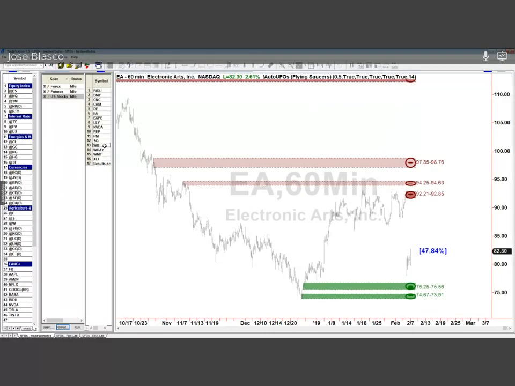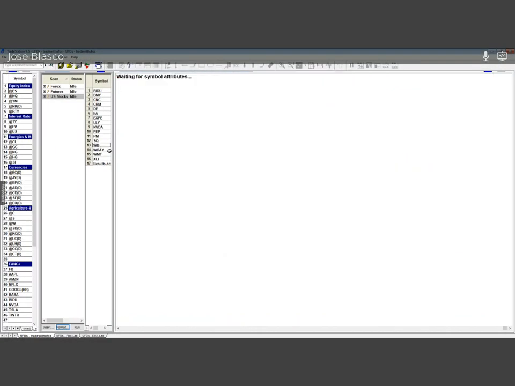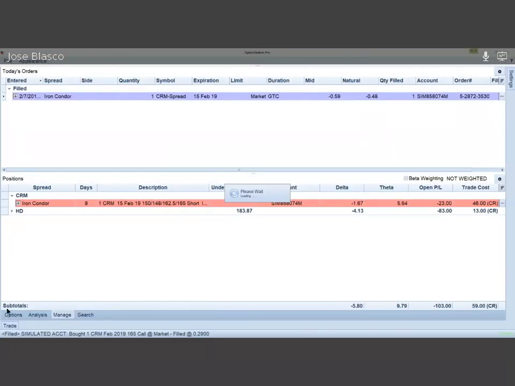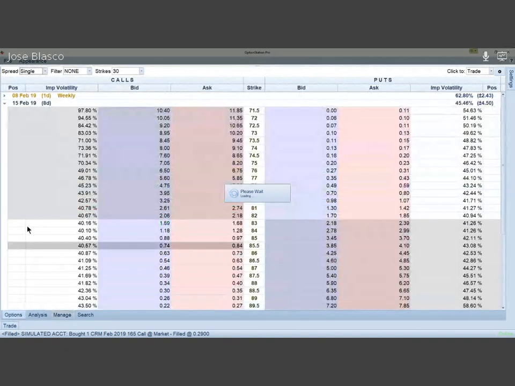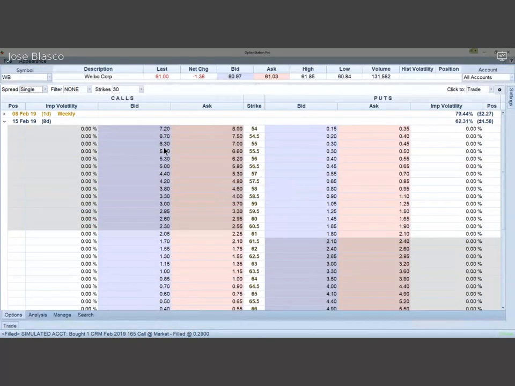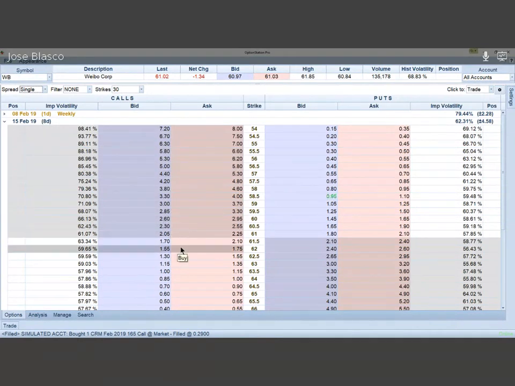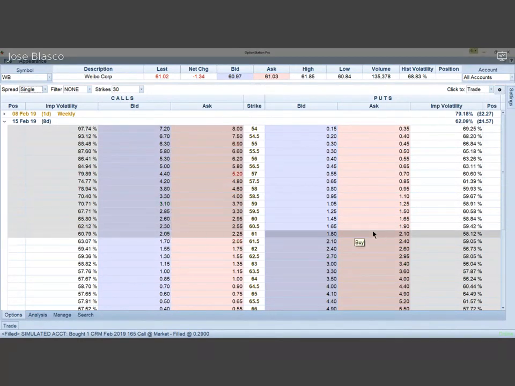WB. I never traded options on WB, so I don't know what to expect when it comes to their liquidity. Let's take a look at the liquidity of WB options. It's a little wide.